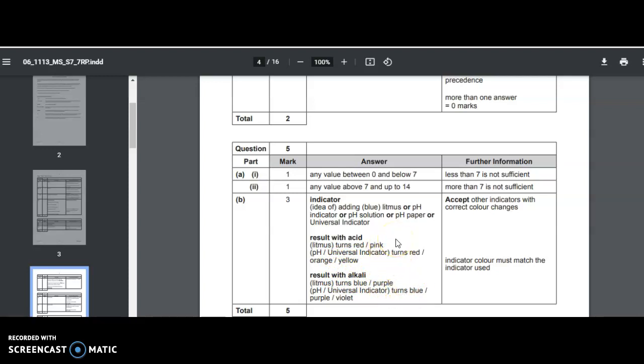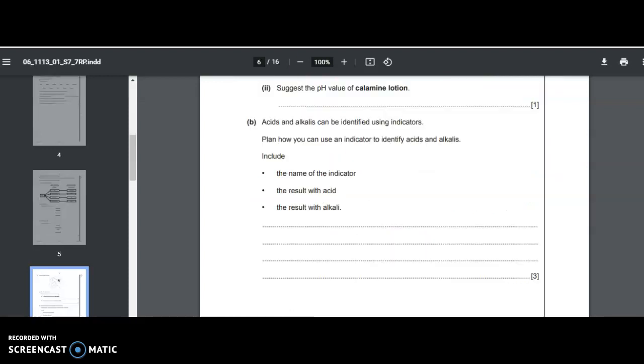Because if you were to say any other one like litmus paper, you just have to make sure that what is a positive test? What color? So universal indicator, red, purple, that'll get you 3 points.